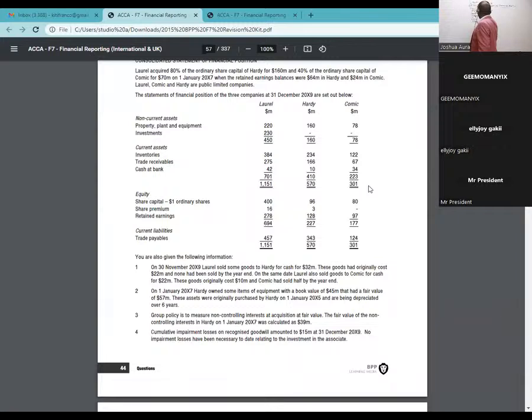So inventory, I'm consolidating, remember? So I'm taking 384 for Laurel, who is the parent, plus Hadi, 234.